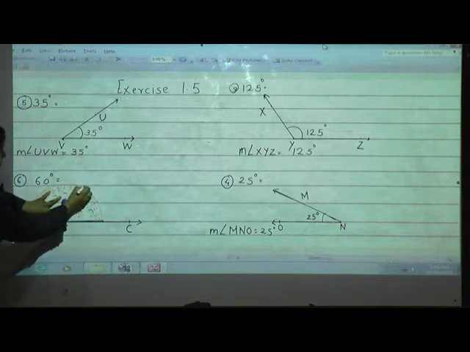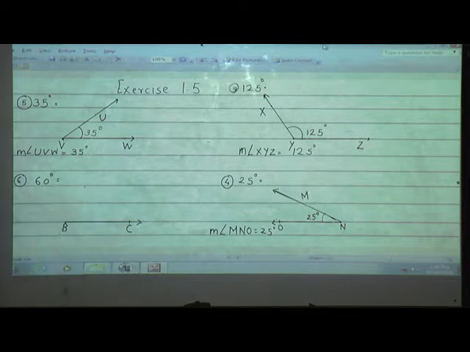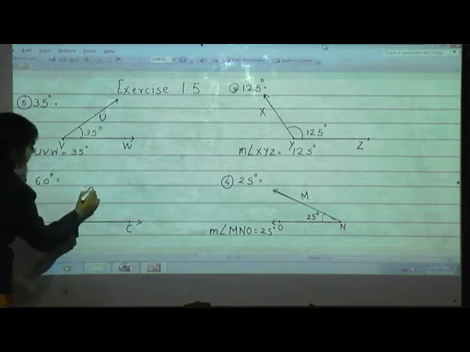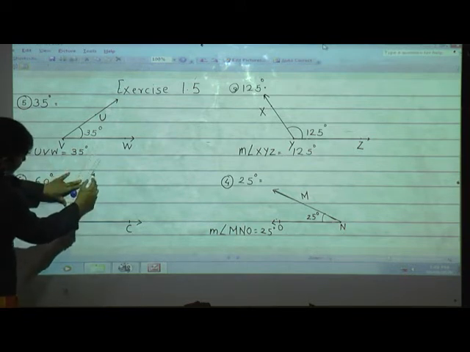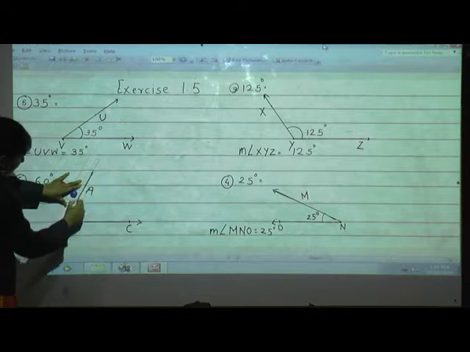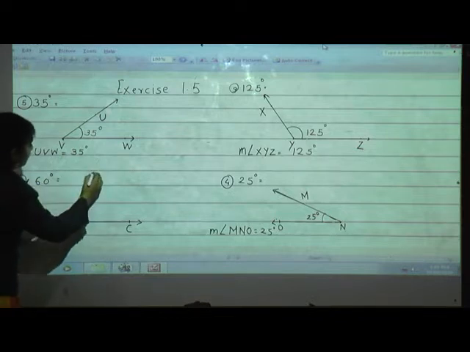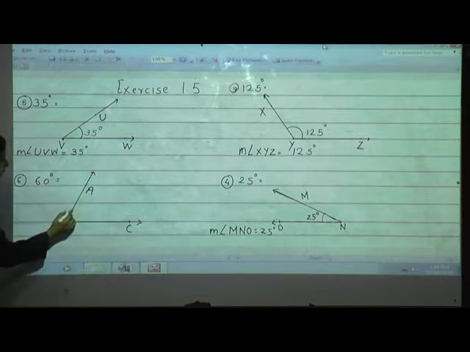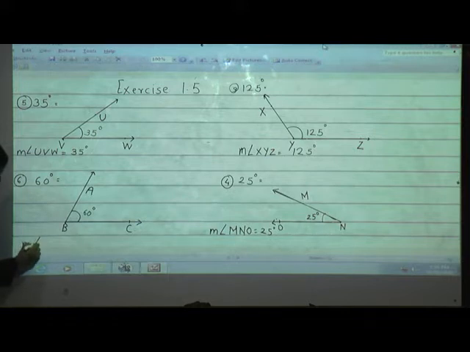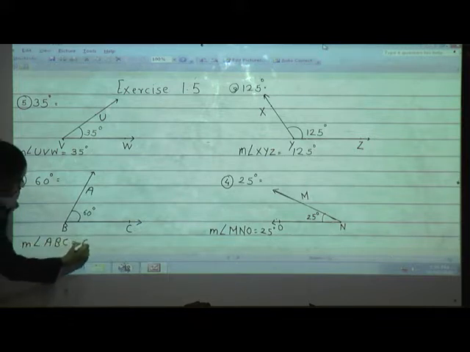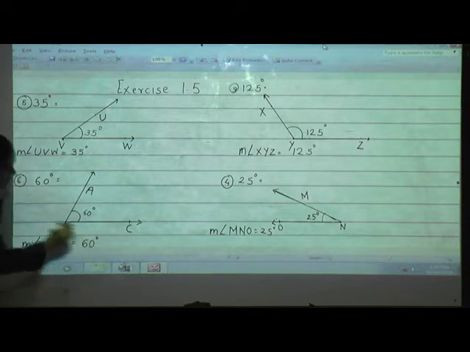So make a dot and join it. Give the name point A. Join this one. Yes. So our angle ABC is equal to 60 degree. Measure of angle ABC is equal to 60 degree.